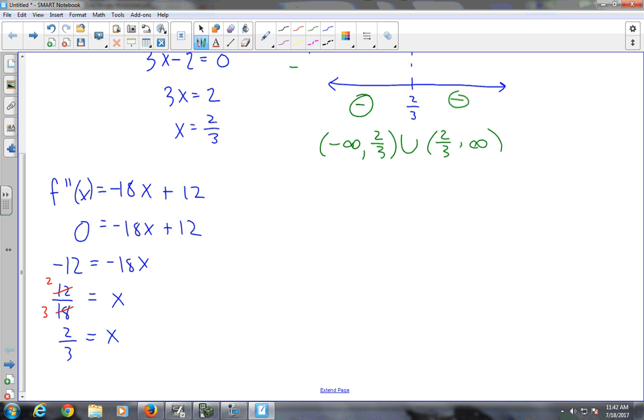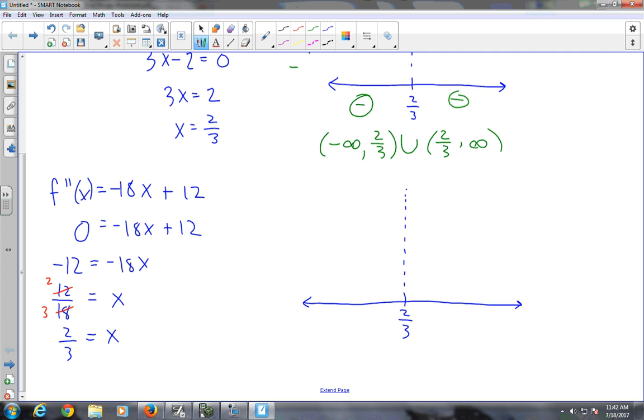Okay? It's kind of like the previous critical number, but this one's giving us different information. So let's put our 2/3 on our number line. That's the only one we have to consider. It divides our number line into two intervals.